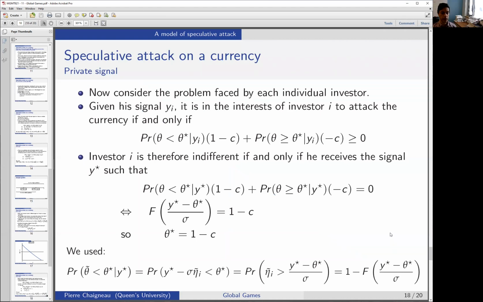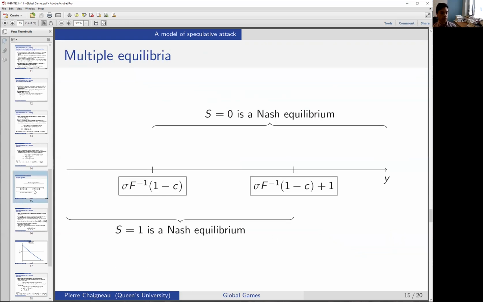And so again, this is pretty nice because now you can really relate the equilibrium outcome to the fundamentals, even though there is a coordination game with strategic complementarities. So in terms of prediction, this is much better than a model with a public signal in which there was a range of signals for which you did not know what the outcome would be.